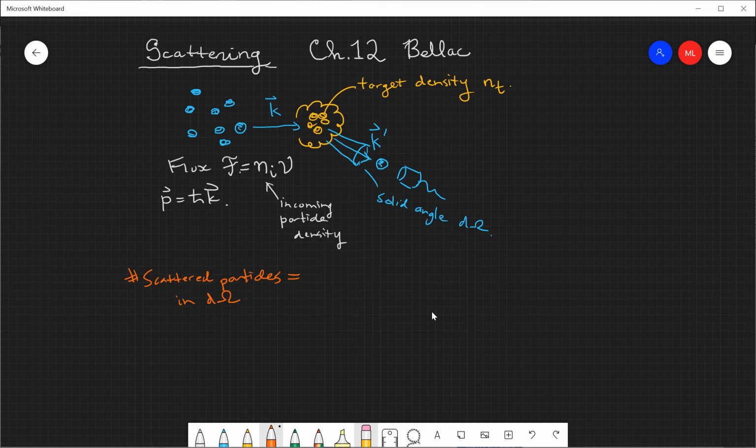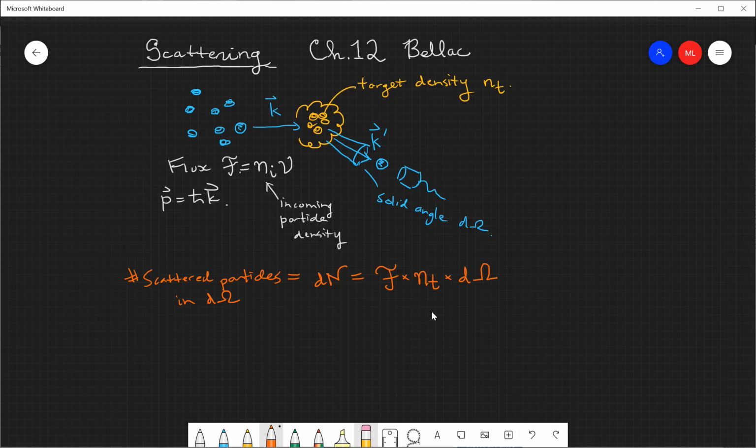It's the number that we detect coming into that solid angle, which we're going to call dn. That's going to be equal to the incoming flux F multiplied by the density of the target multiplied by the solid angle size.